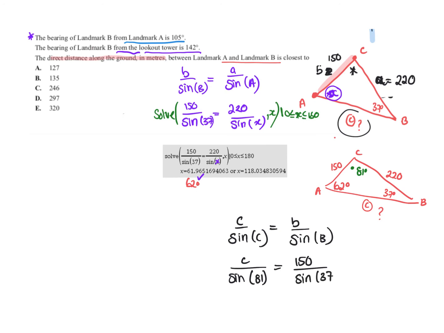Okay, and then we can just do solve, comma, C, and we end up with C equaling 246. So we end up with answer C.